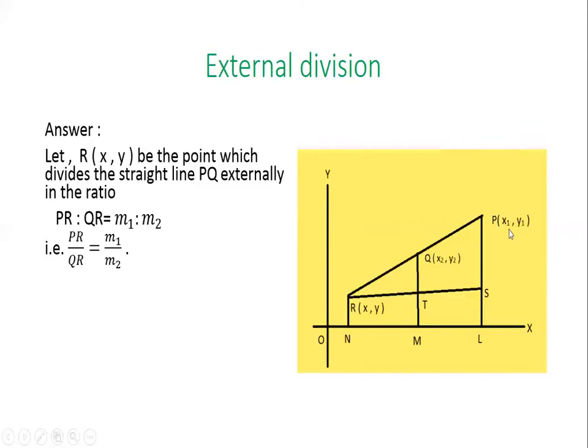The coordinates of P are x1, y1, the coordinates of Q are x2, y2, and the coordinates of R are x, y.